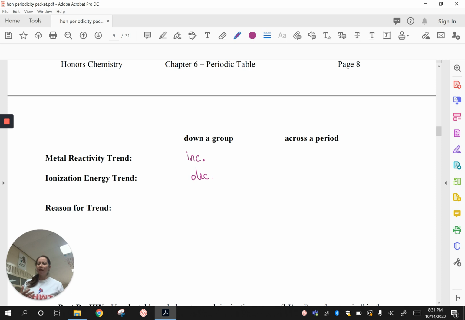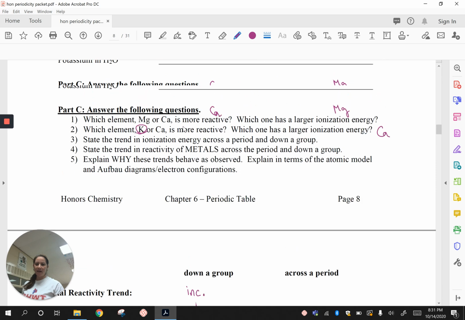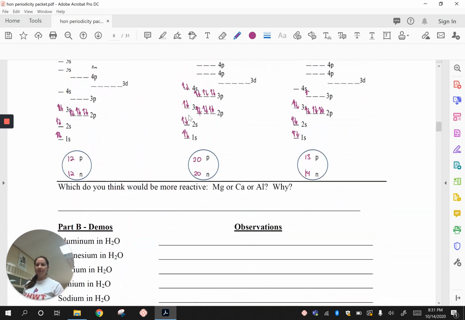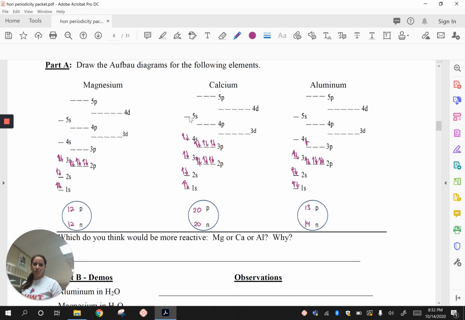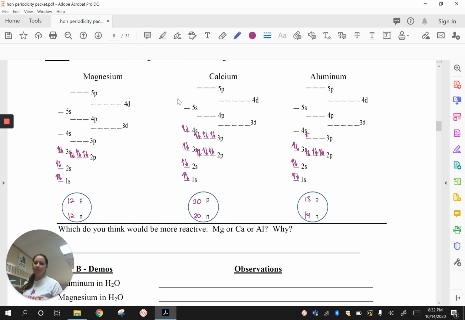Let's look at why that is the case. So looking back at our orbital diagrams, let's compare to where we're going down a group. So let's compare magnesium with calcium. Remember those are these right here. Calcium is more reactive than magnesium.